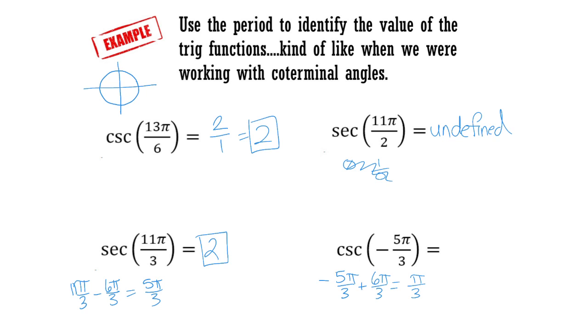The sine of pi over 3, or negative 5 pi over 3, would be equal, I'll just write pi over 3 for now, to root 3 over 2. You have to do the reciprocal of root 3 over 2. So that's going to be 2 over root 3. But then we have to rationalize. Root 3, root 3. So 2 root 3 over 3, and it does not reduce. So that's what I have right here, 2 root 3 over 3.